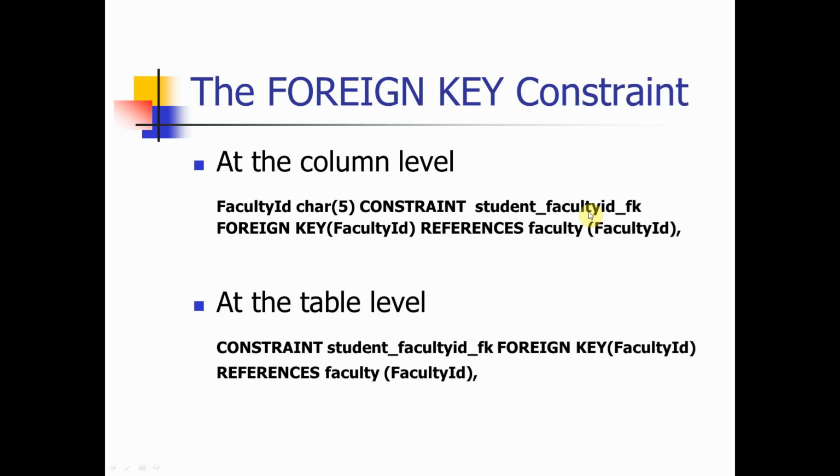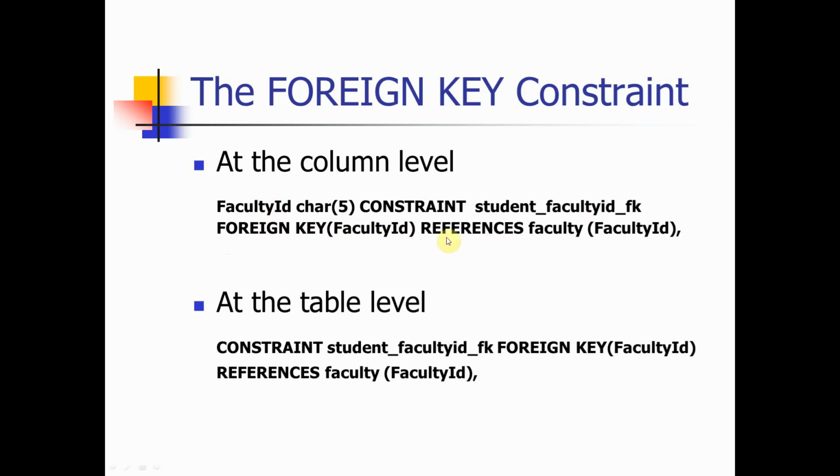And remember, this is only the name. The instruction given to the computer is as follows. For the computer to understand that you want to create a foreign key, you have to give the reserved words foreign key with parentheses indicating which attribute you want to use to create the foreign key.